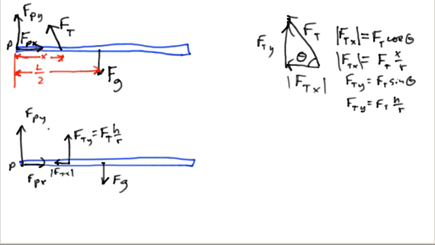Then we've got FG acting down. And let's get the distances on there. This is x. I think put this equals mg. And the ruler mass was given as 112 grams, so 0.112 kilograms.